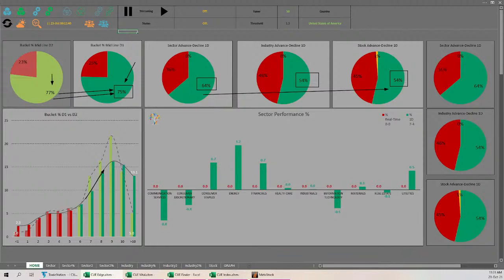And you can see from the solid line and the dotted lines how the bucket distribution profile changed from Thursday, the dashed line or dotted line, to Friday, the solid line. You would notice that in the most extreme upper bucket, stocks above upper Bollinger Band, that percentage went up from 5% to 13%.